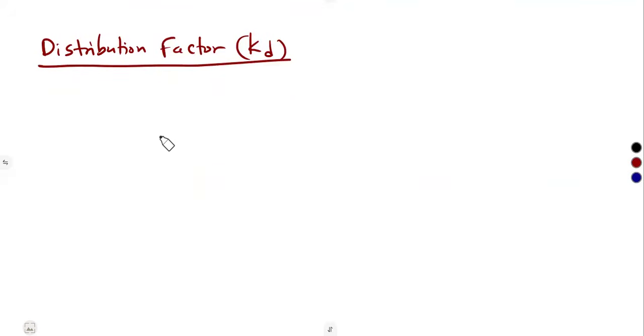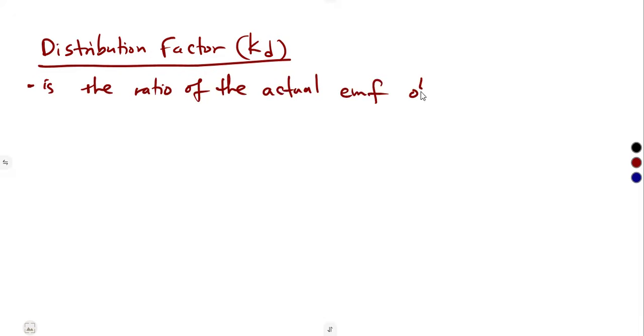This is also a ratio of the actual EMF obtained to the EMF that would be obtained if all the conductors were concentrated in one slot only. What are we trying to say here? It is the ratio of the actual EMF obtained to the EMF that we are expecting to have.